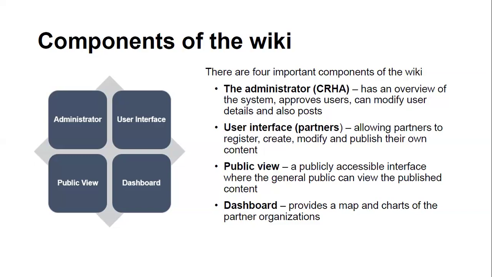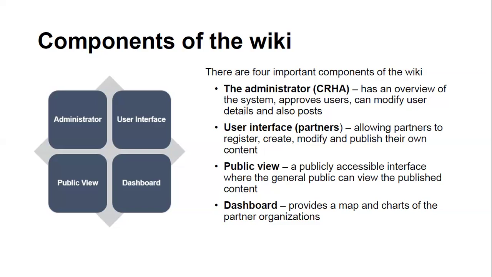Okay. The third component is the public view. This wiki is not just for the members of the consortium, but it is something that will be out there on the web, on the internet, and the public can view it. The public can make comments. And then the fourth component is the dashboard. The dashboard is a map and statistics of the partners.